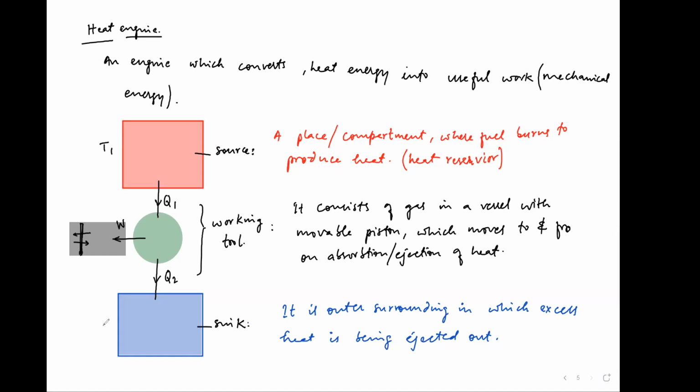Let's say temperature of source is T1 and temperature of sink is T2. So we have to calculate or define its working performance, on the basis of which we have to calculate its working efficiency and related calculations.